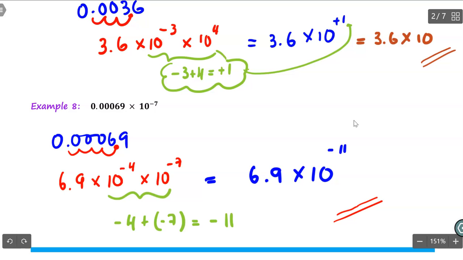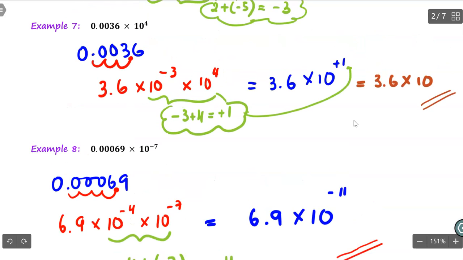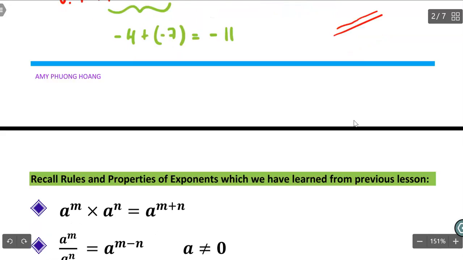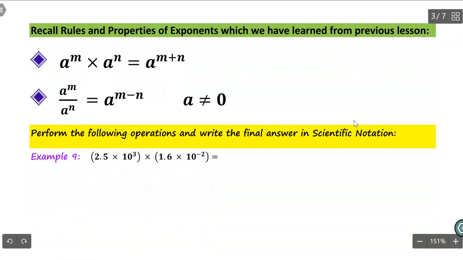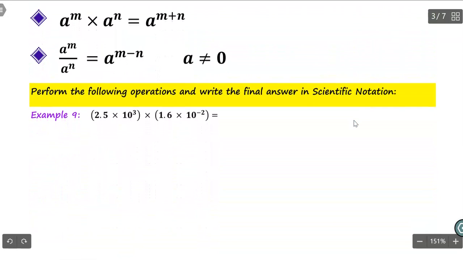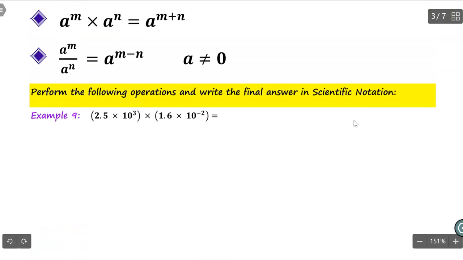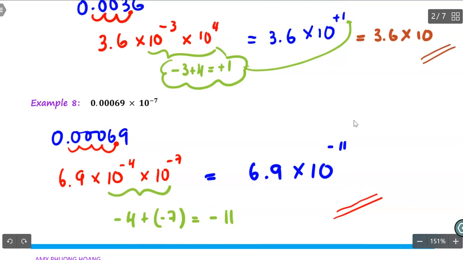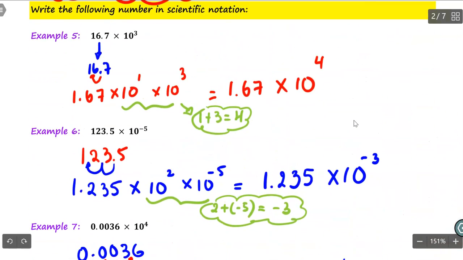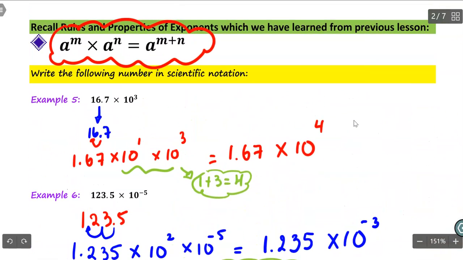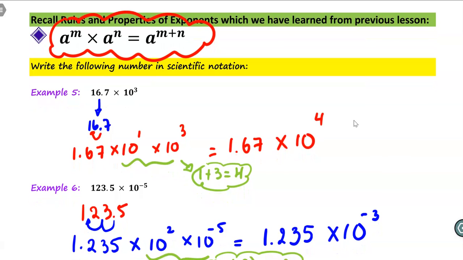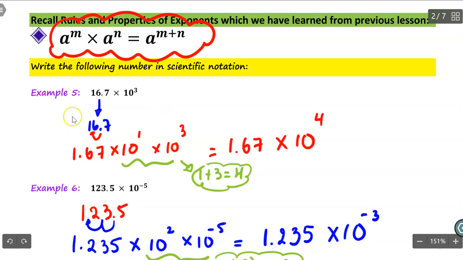So let's recap what we have done, because I have a few more examples here where I multiply two scientific notation numbers. So in this particular page, any example that I ask you to do here, I ask you to write the number in scientific notation.